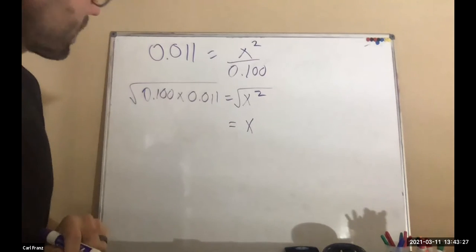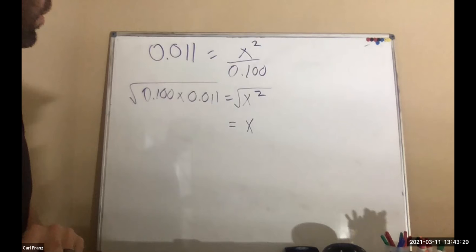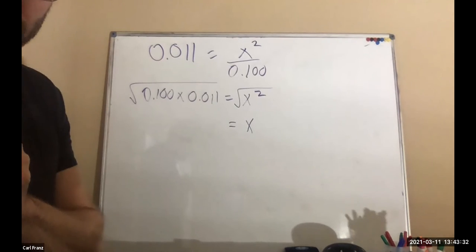What is x equal? What is the square root of 0.1 times 0.011? 0.033.